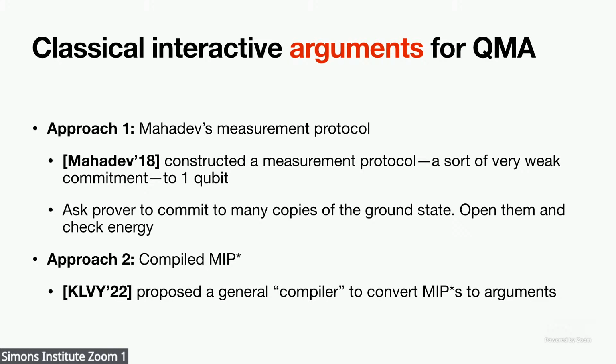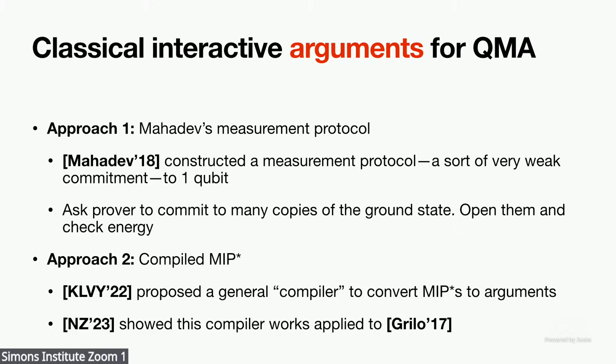Now, they didn't prove that the resulting argument system is always secure. They just proved that classically this transformation works, but it's not known whether it works in general in the quantum case. But it at least gives you a way to construct a protocol, and then for your specific protocol, you can try to analyze it via more or less ad hoc ways.